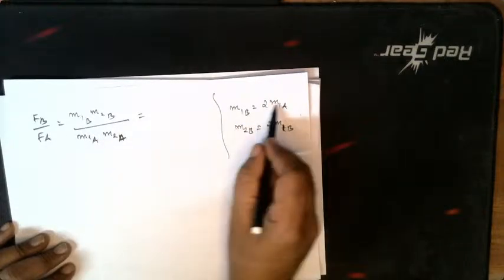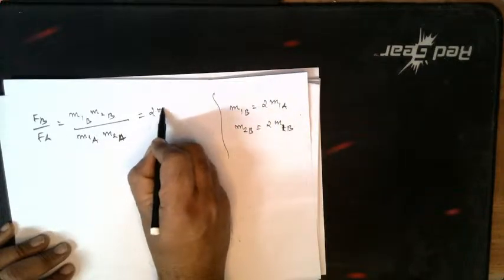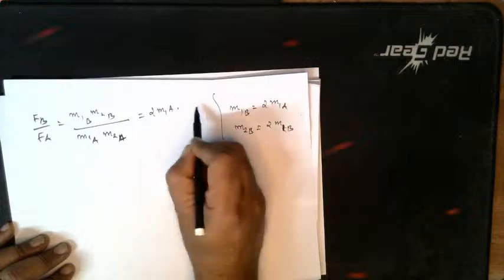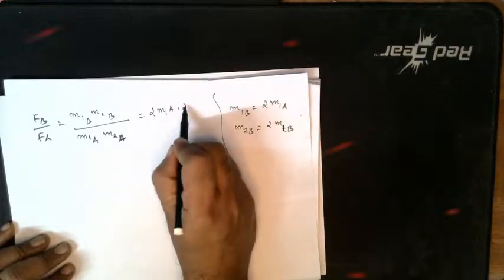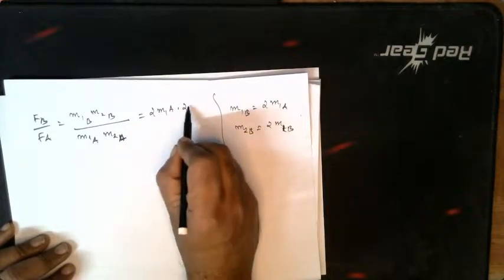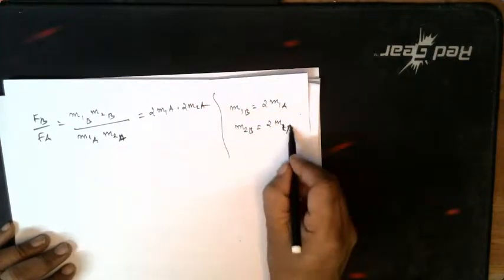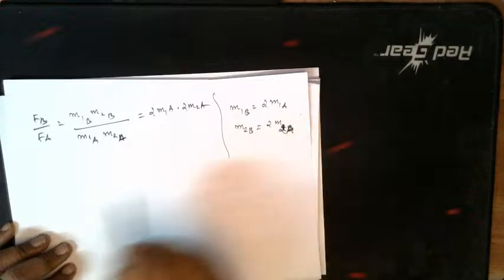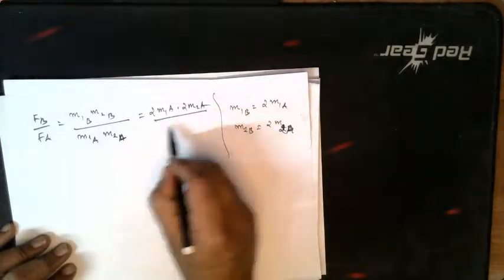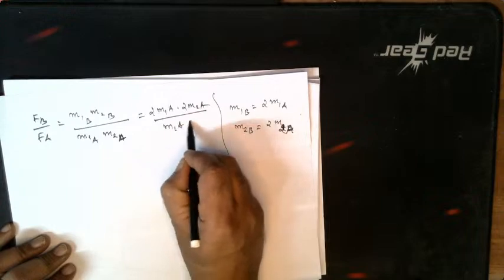Now let us substitute: 2M1A into 2M2A, divided by M1A, M2A.